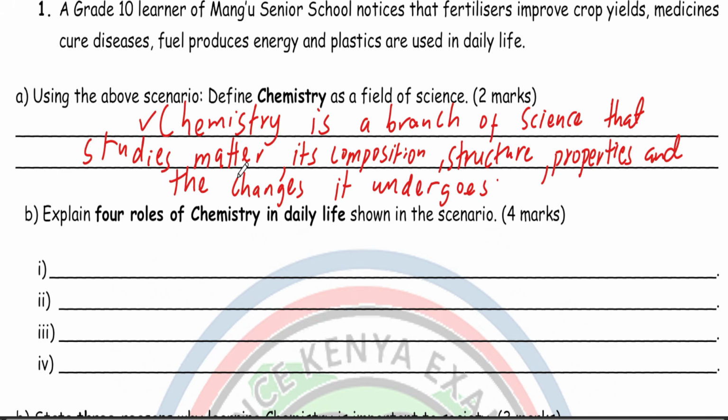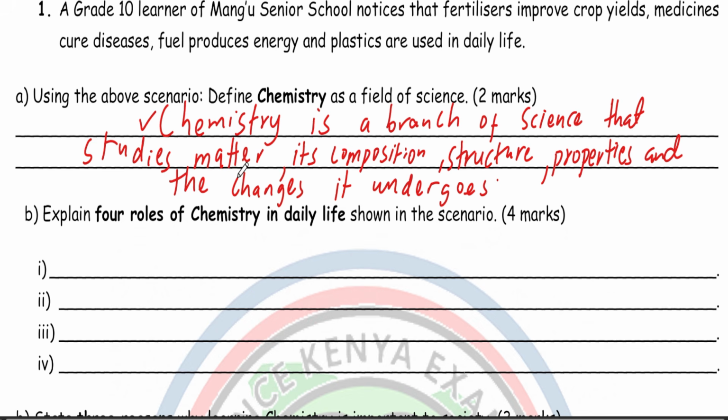Is it made from atoms, molecules, compounds, and etc.? Structure. Does it have a hexagonal structure? Does it have a pyramid structure? Which structure? Properties. Does it have a smell? Is it black? Is it white? And the changes it undergoes. What happens if you take one substance and react it with another substance?